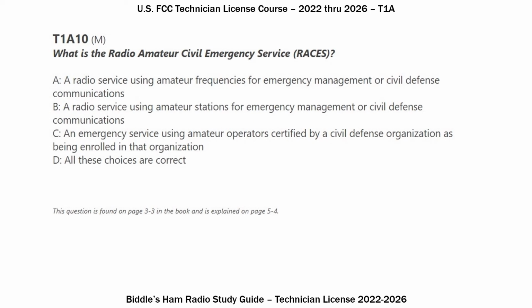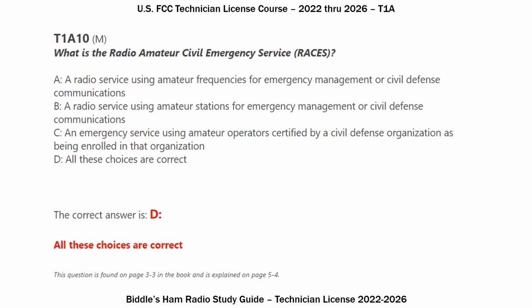C, an emergency service using amateur operators certified by civil defense organizations, such as being enrolled in that organization. Or D, all of these choices are correct. Our answer is D, all of these choices are correct.